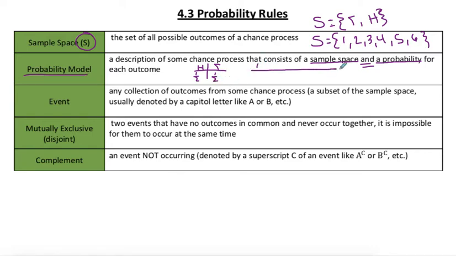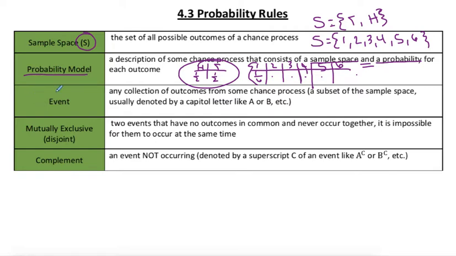Or I could go 1, 2, 3, 4, 5, 6, and these are a fair die, so I would say 1/6 for each. And this whole thing would now be a model for those probabilities, listing out each outcome and its probability here.